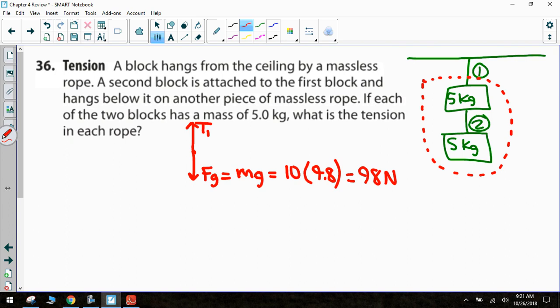All right, so is my system accelerating right now? Is it like flying through the ceiling? No. Is it falling to the ground? No, so that means that my acceleration must be what? 0. All right, so that's all the givens. The unknown that I'm solving for is T1. The equation I'm going to use is F net equals m times a.